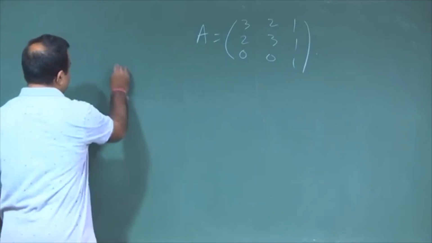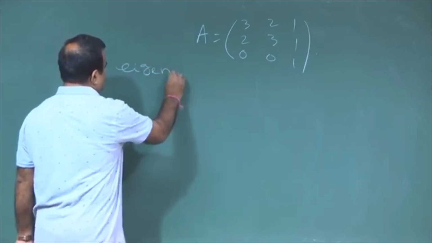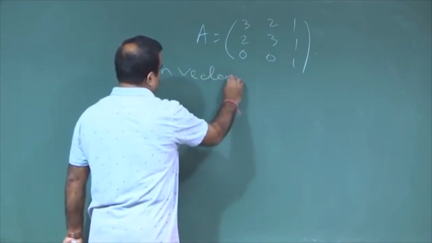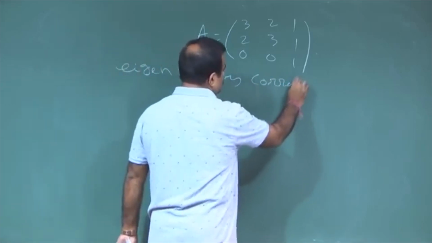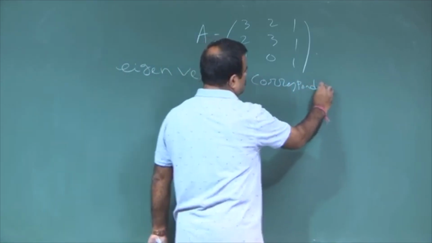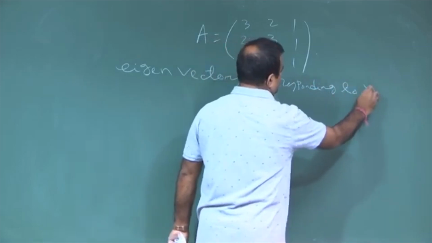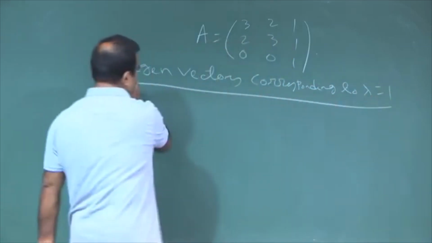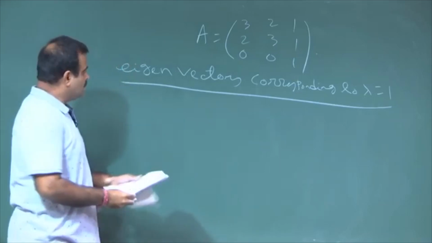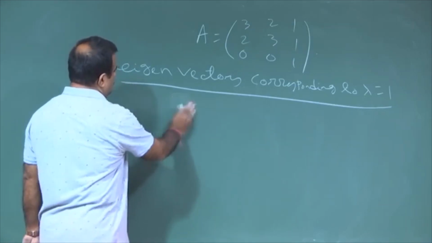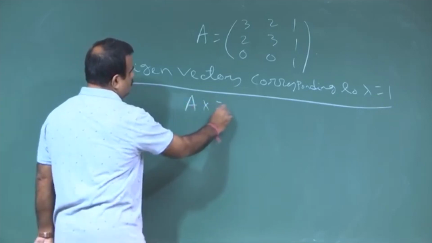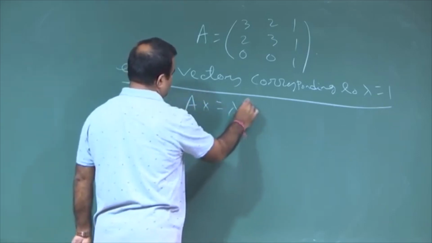So, let us try to get the eigenvectors corresponding to the eigenvalue lambda equal to 1. How to get that? For that we need to solve the equation A x equal to lambda x.